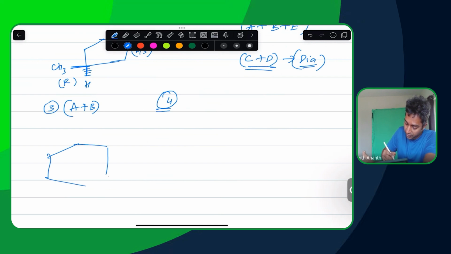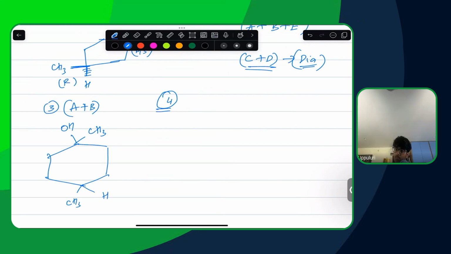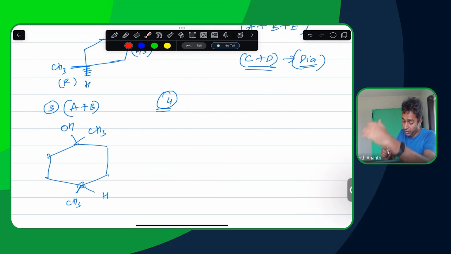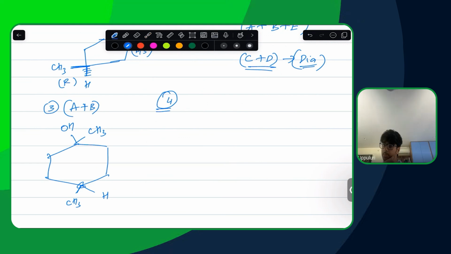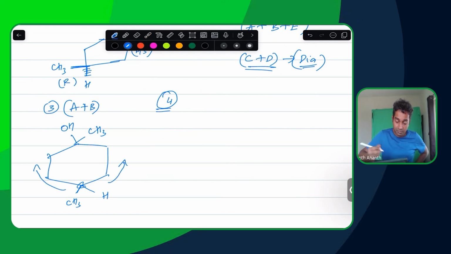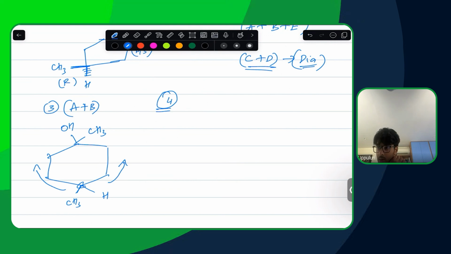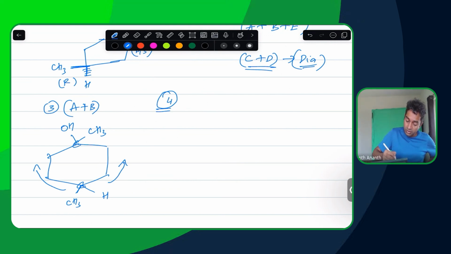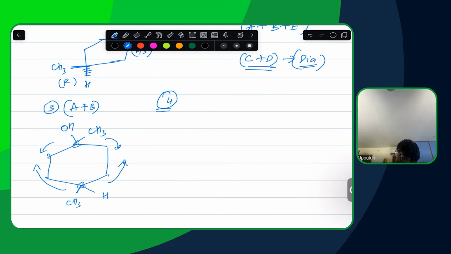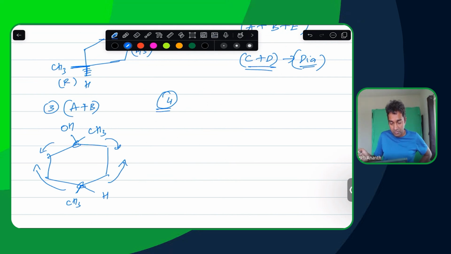If I get an OH and a CH3 in this particular case, this carbon here is not chiral. Why is it not chiral? Because this side and this side are same. But the same problem comes over here. This is also not going to be chiral. Exactly. So I'm still conflicted over here.